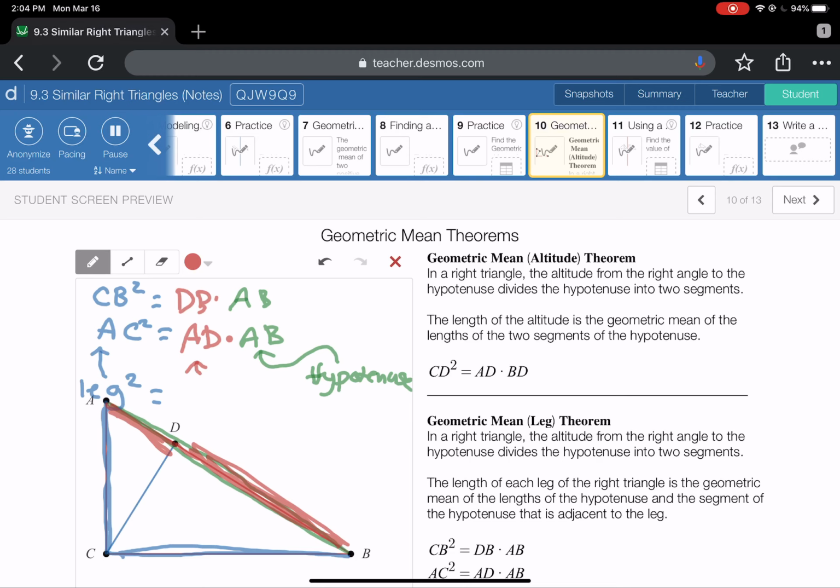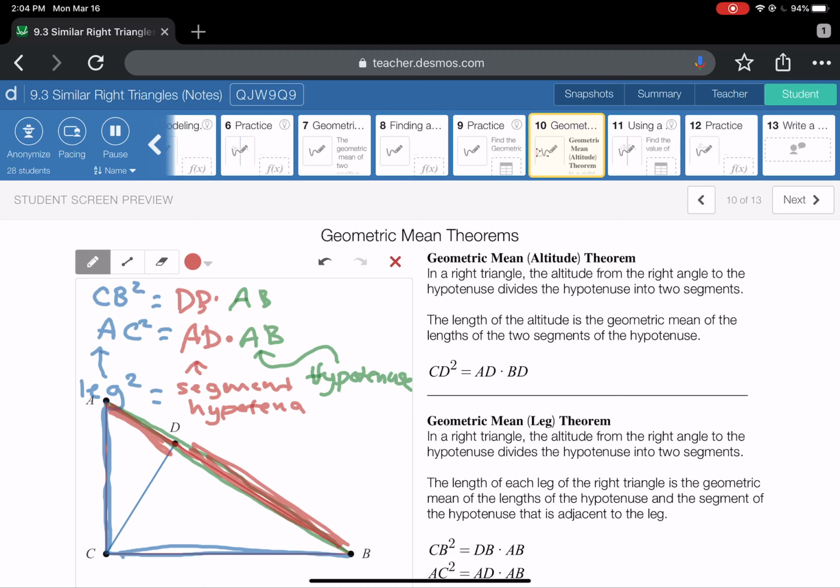How do we know which segment to use? I'm going to call this a segment of the hypotenuse, because both AD and DB are segments of the hypotenuse.